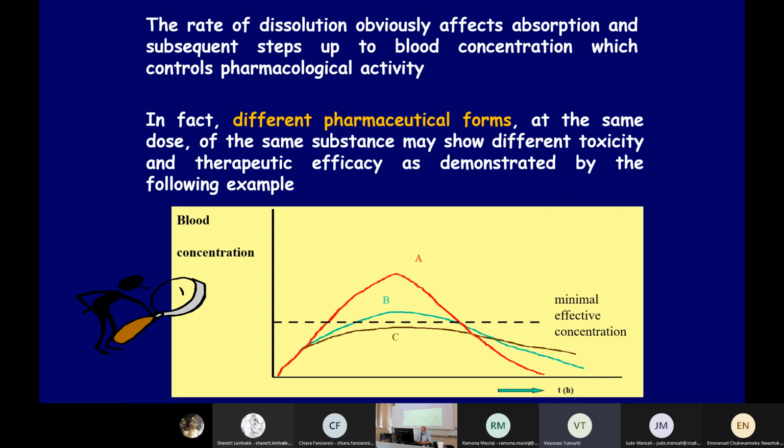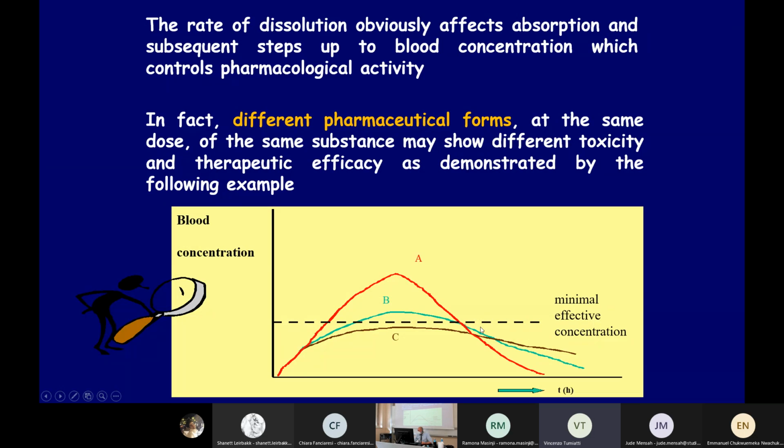Compound A has a fast dissolution and a high solubility in water, and you can reach a very high peak of blood concentration, and you can overcome the minimal effective concentration, yes, but the peak is too high, and perhaps you can have severe side effects.